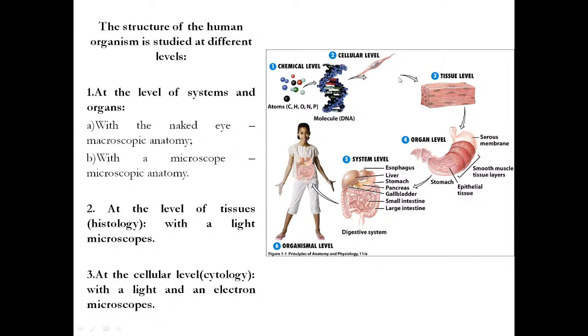At the level of the tissue, this is histology, studied with light microscopes. At the cellular level, this is cytology, with light and electron microscopy.